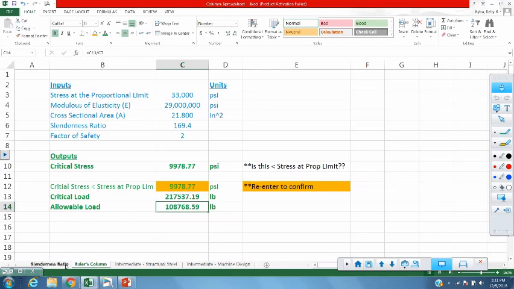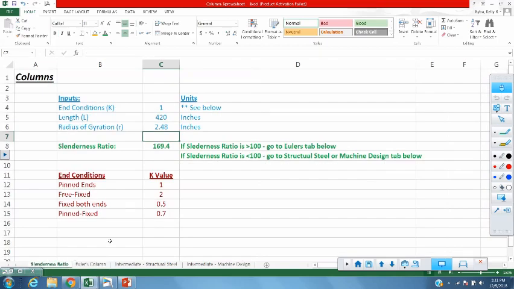Now, let's say we wanted to do one of the intermediate columns. That means that our slenderness ratio has to be equal to or less than 100. If we look at one of the examples from your problems, I'm going to do number 11, 1711.